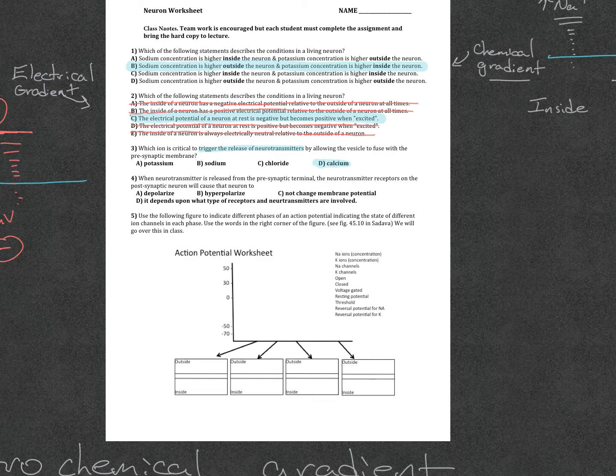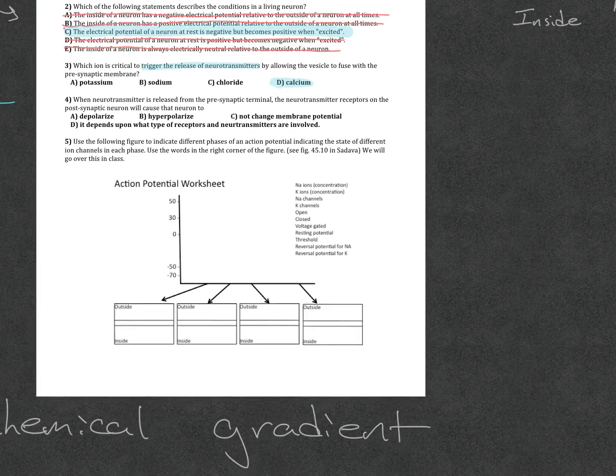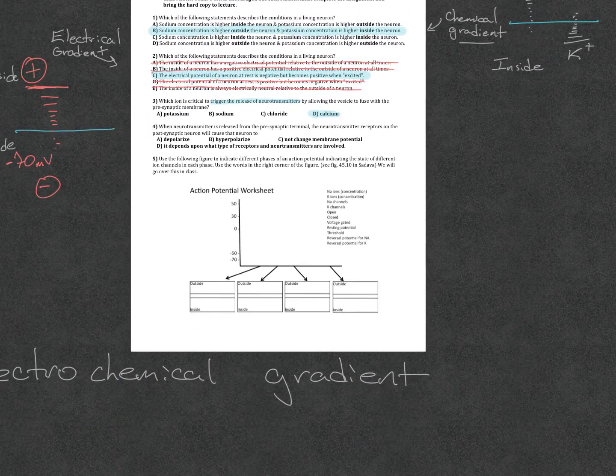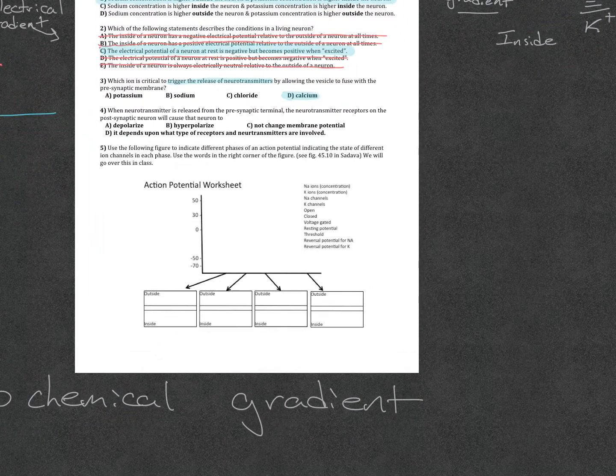I know that what we want to say is sodium or potassium, because those are the two we talk about when we talk about an action potential, but it really is calcium that triggers the release of neurotransmitters. If you did the ecstasy case study and paid attention, or wrote it down when we covered it in class, then you know it as well. But I'll go over it one more time here.